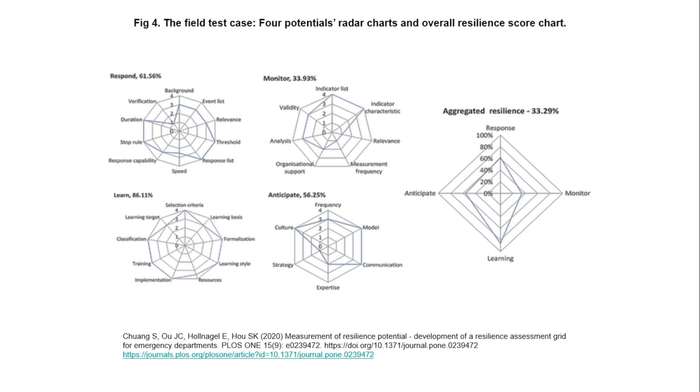And that's the part that I'm a little unclear on, so if Shuen will explain that as one of the questions, that would be great. So they were able to derive both a percent or area under the curve for each potential, as well as an aggregated response. They could use this over time, and again, the numbers would not tell the whole story because one would really need to look at the facets within each radar graph.